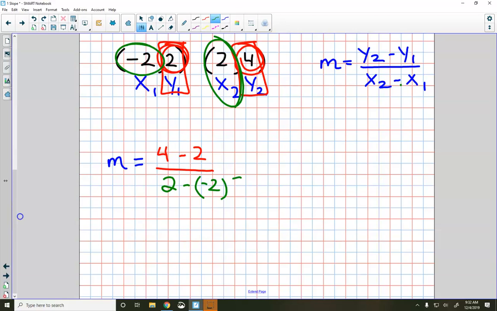So in my numerator, I have 4 minus 2, and in the denominator, I have 2 minus (-2). Or minus a negative is really plus a positive. This really becomes 2 plus 2, right? And that becomes 4. And 2 over 4 reduces to 1/2. Hey, what did we say that line's slope was?